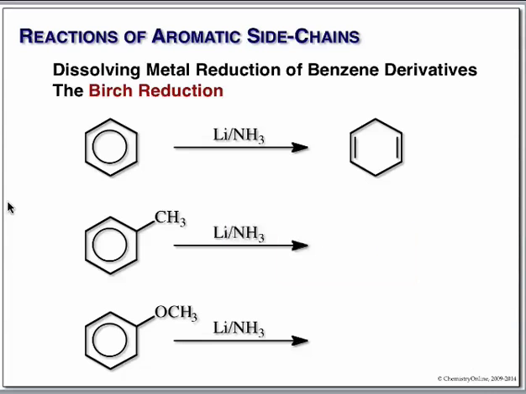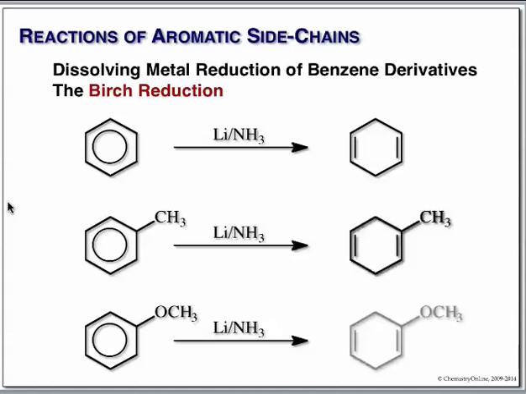For our first one, the product is going to reduce so that we wind up with a double bond attached to our methyl group. And the same thing here with our methoxy group. The double bond is going to look like this.